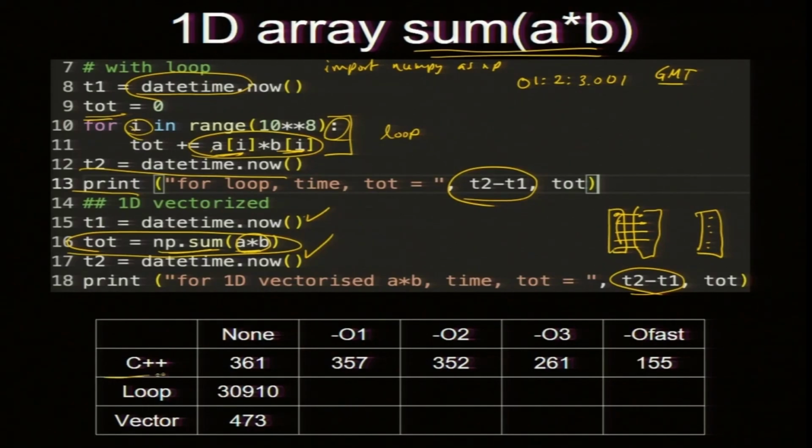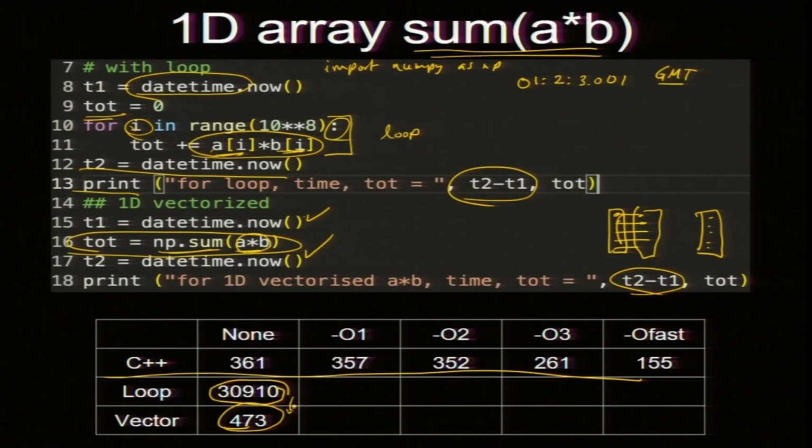Okay. So, the C++ we will do in a minute, well not in a minute, but 10 minutes later, but let us look at the Python numbers. With loop it is 30,910 milliseconds, that means 30.9 seconds. Okay, it is a big number, but vectorized operation is only 473 milliseconds, these are all in milliseconds.